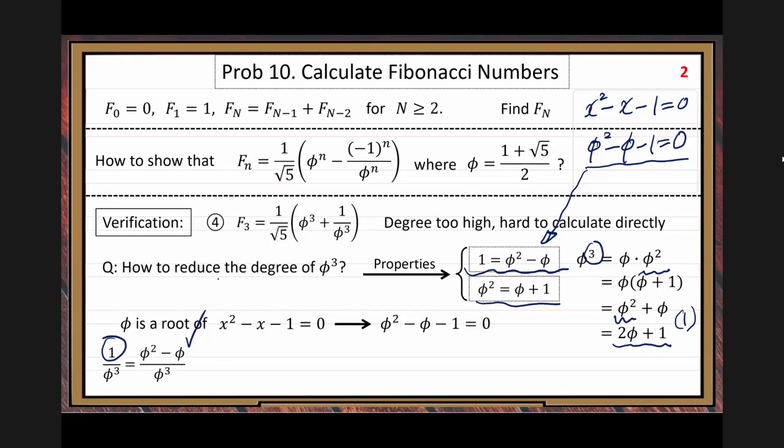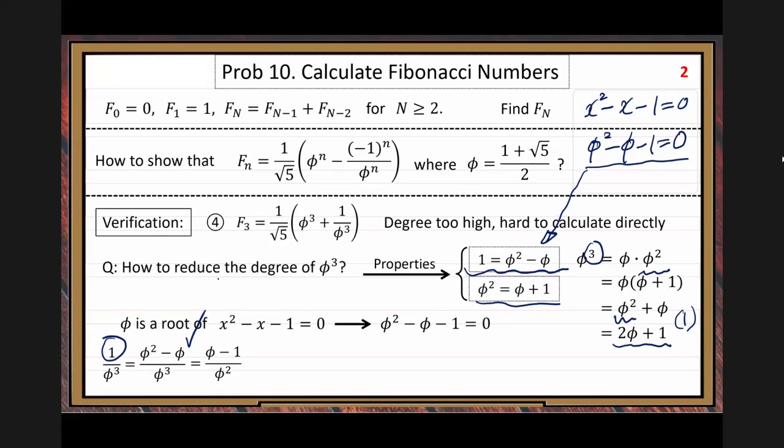If we replace 1 by phi squared minus phi, there is a common factor between numerator and denominator. Phi is the common factor. We can do cancellation. After cancellation, the numerator becomes phi minus 1, and the denominator is phi squared.